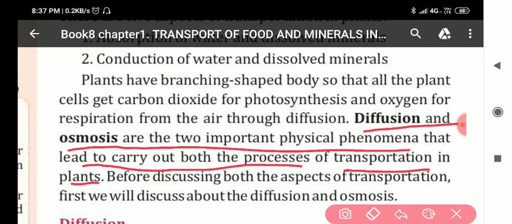So diffusion and osmosis play a very important role in the absorption and conduction of water and dissolved minerals in plants.